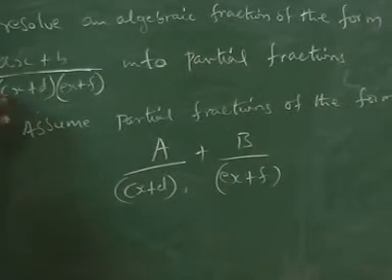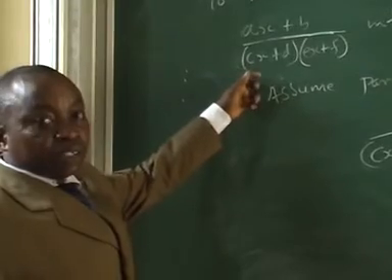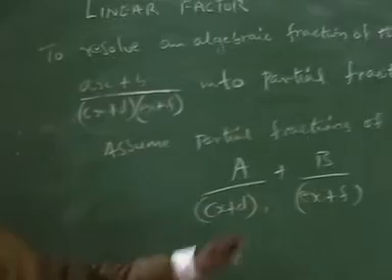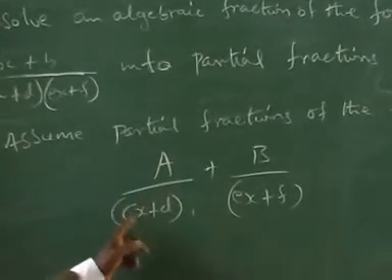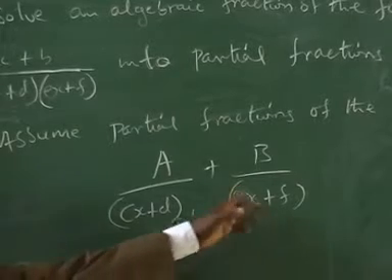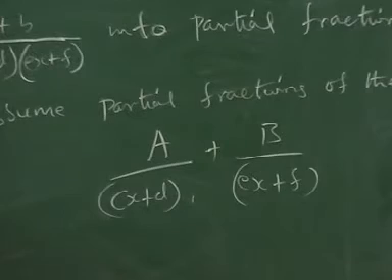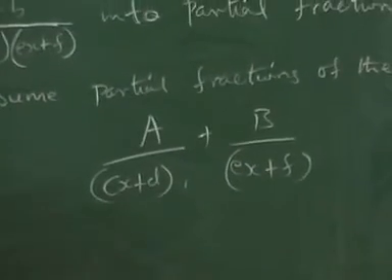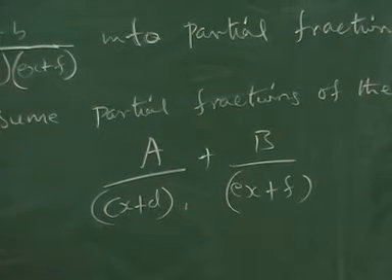If we have any algebraic fraction whose denominator is linear, then we will assume a partial fraction of this form: a all over cx plus d plus b all over ex plus f. I've told you that c, d, e, f are constants. Alright. Now let's take an example and see how you can do it.